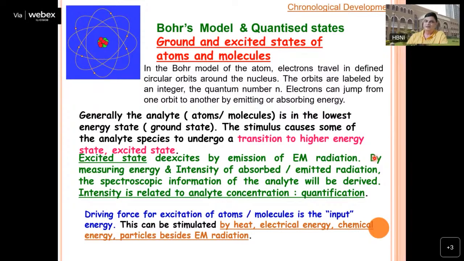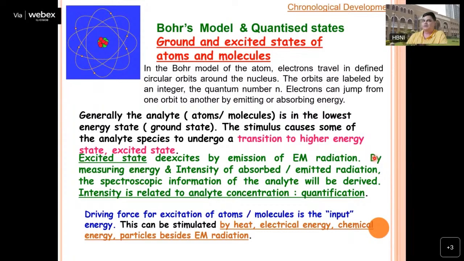Generally the analyte is in its lowest energy state, and then a stimulus, whatever way you are exciting it, acts on it. For example, today we are providing heat energy to excite the atoms.